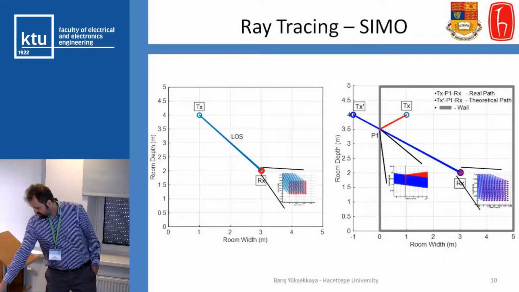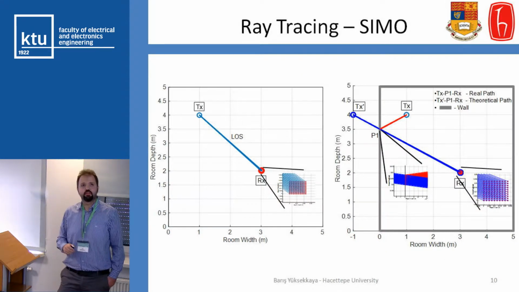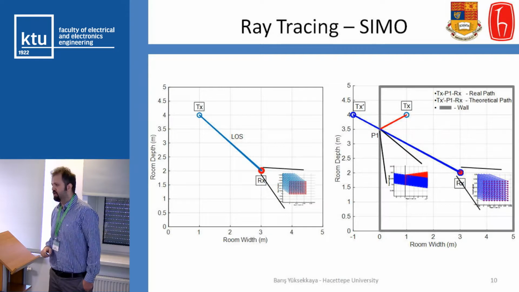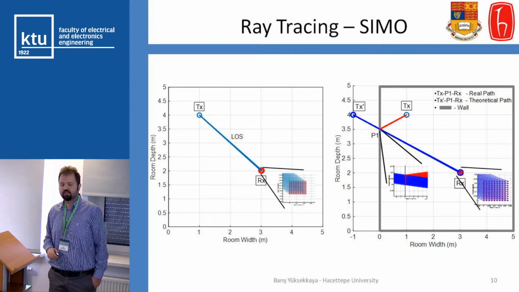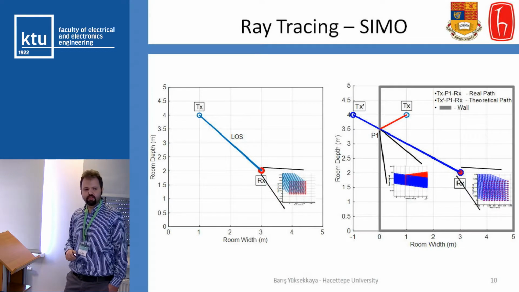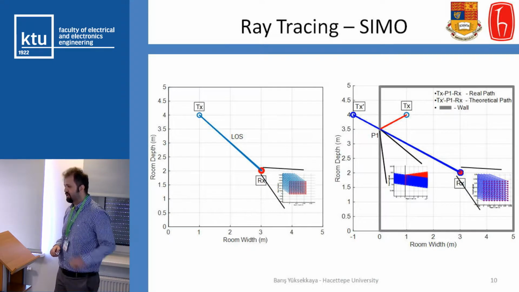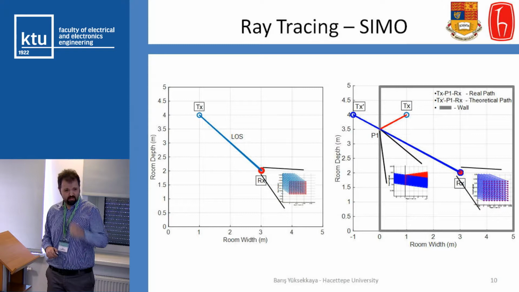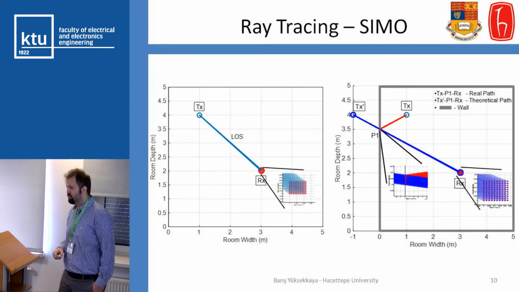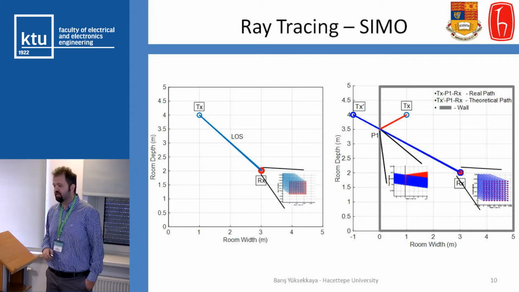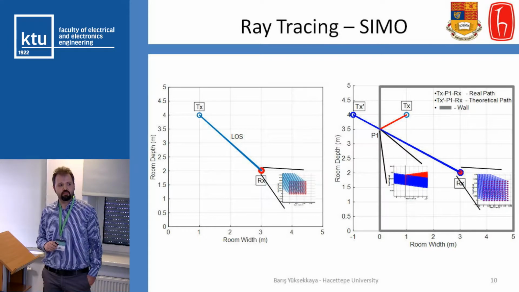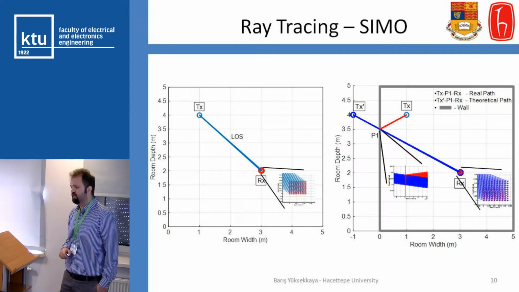I guess we should talk about the single input, multiple output scenario right now. It is the same, but now we have more antennas in the receiver. In this example, I had 100 antennas, and the distance between each antenna is 2.5 millimeters. We have the line of sight components again, which are direct lines from the transmitter to each of the antennas.